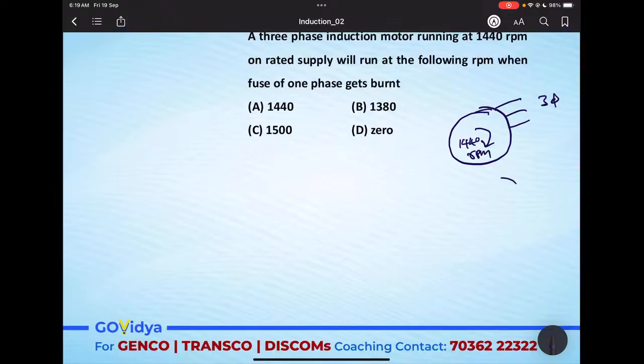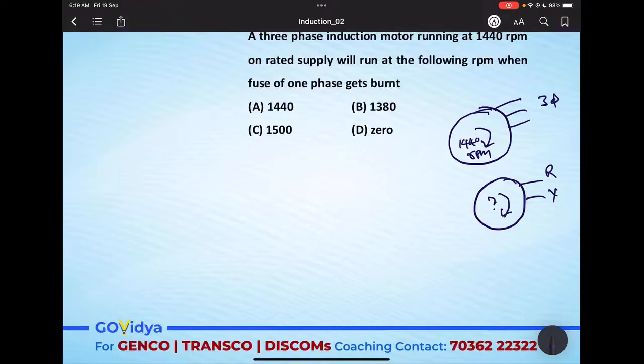Okay, but because one fuse got blown out, we are giving only 2-phase supply to the motor. At what speed is it rotating? Since the motor is in running condition, it will keep running at a nearby speed. If we give the 3-phase supply, the motor will start rotating.